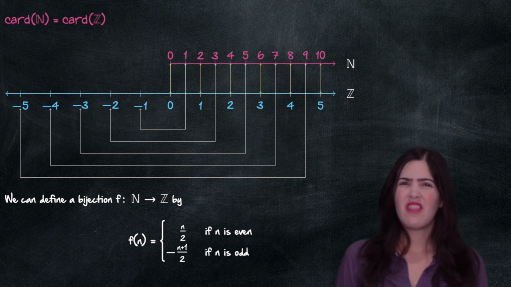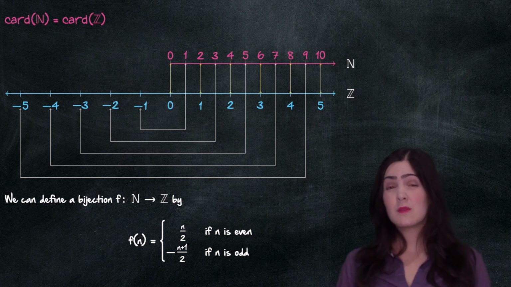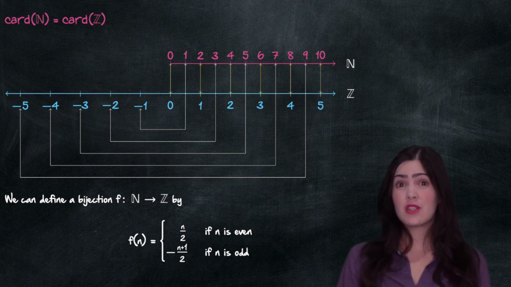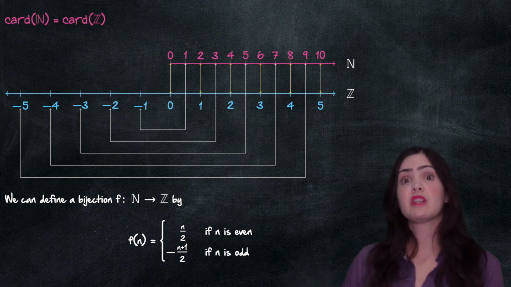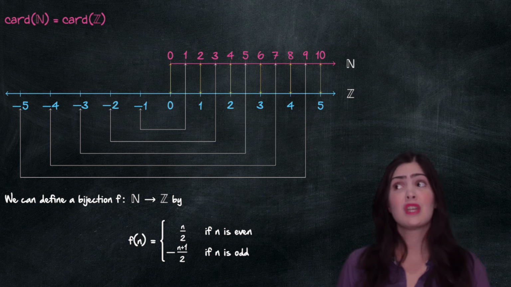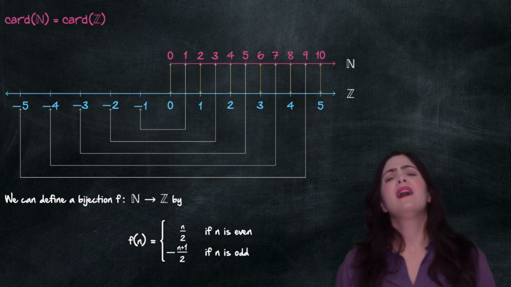So according to our intuition, shouldn't the set of integers have twice as many elements as the set of natural numbers? It's weird, but according to definitions, because we were able to define a bijection between the naturals and the integers, these two sets have actually the same cardinality.